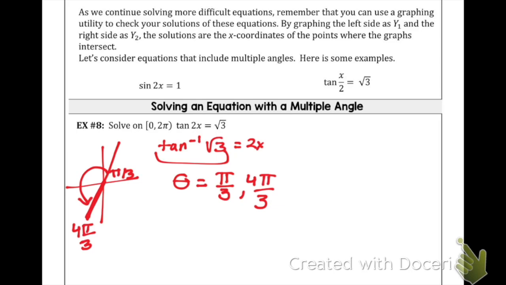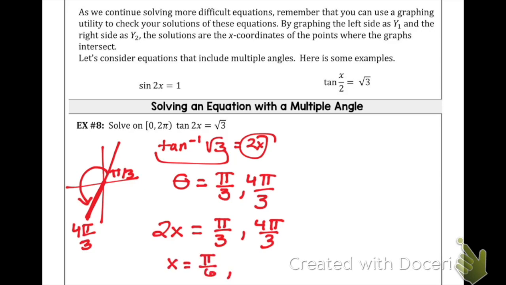But now we have not theta, we have not x, we have 2x. So 2x is equal to pi over 3 and 4 pi over 3. If I get x by itself there, then we have pi over 6, and then 4 over 6, so that'd be 2/3 of a pi.